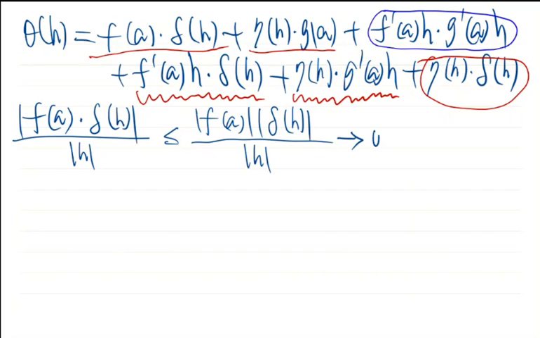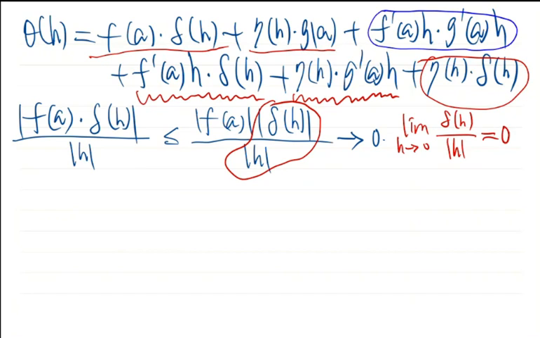This goes to 0. Why? Because our delta satisfies this property. So this goes to 0. Therefore, the first term is okay, and this term is also okay, similarly.